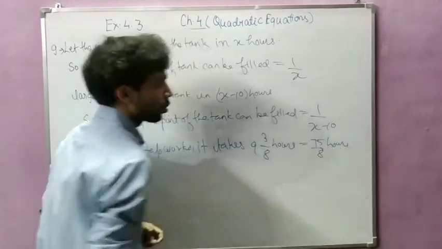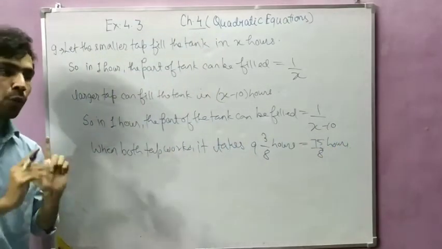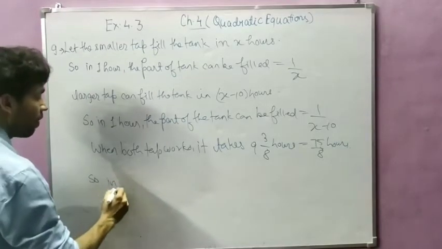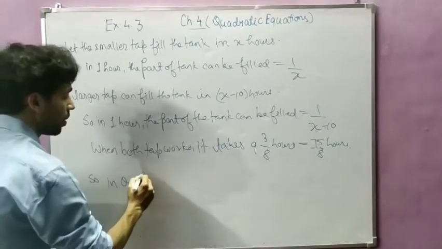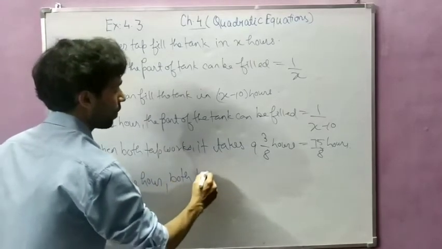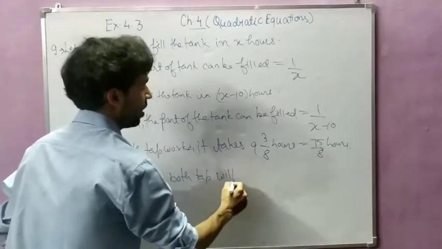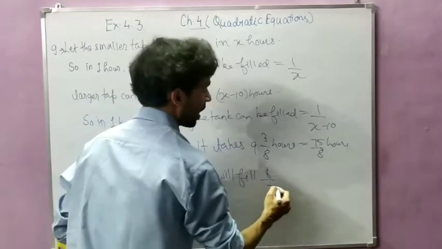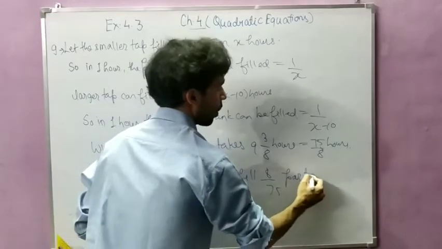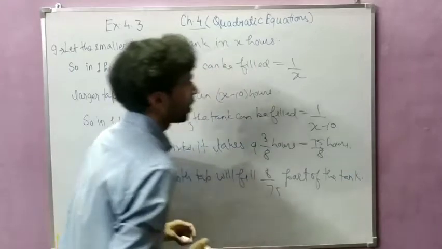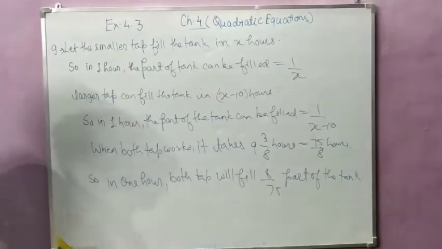Okay, so what will be the work of both taps in 1 hour? So in 1 hour, both taps will fill how much part? 8 by 75 part of the tank. Okay, 8 by 75 part of the tank.